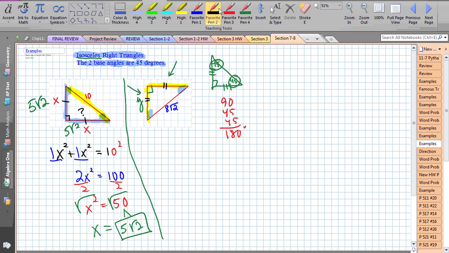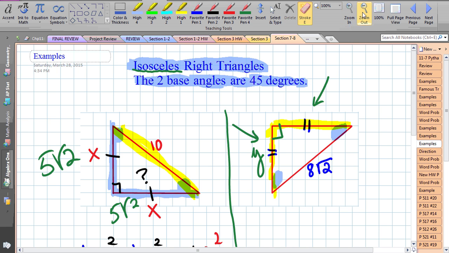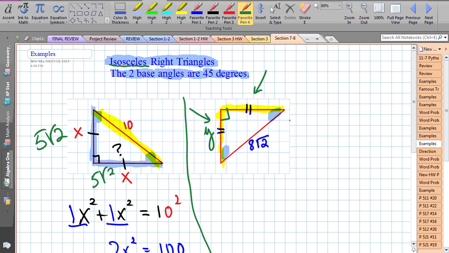Let's try another one in here. The next one, we just use a different variable. It's y. And let's see, how do we set this one up? Well, if this one is y, that implies that this leg has to be y as well because they're both the same. So I have y squared plus y squared equals 8 radical 2 squared.